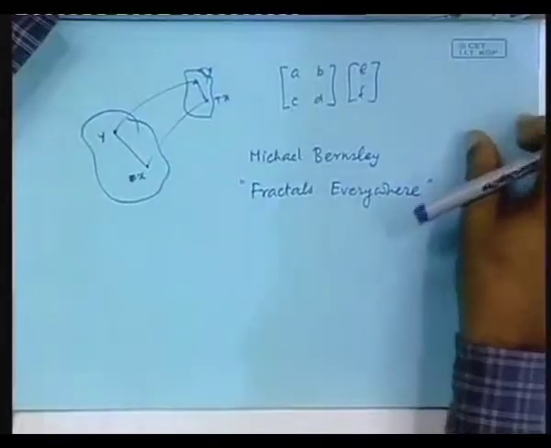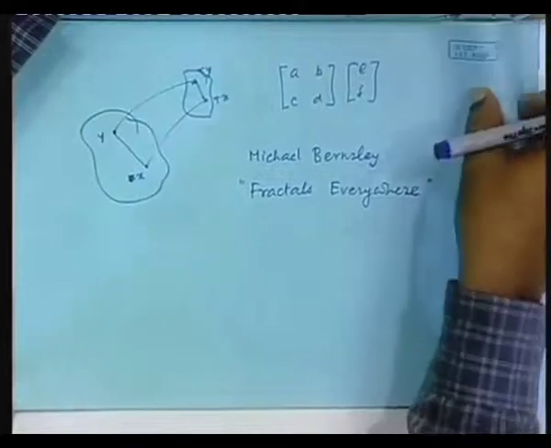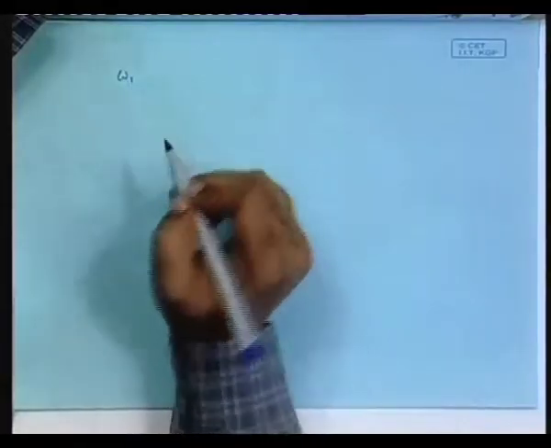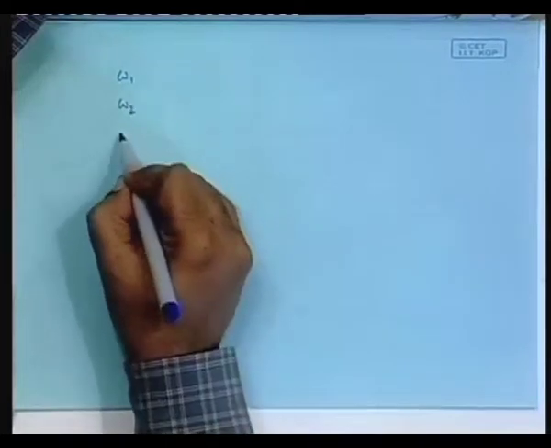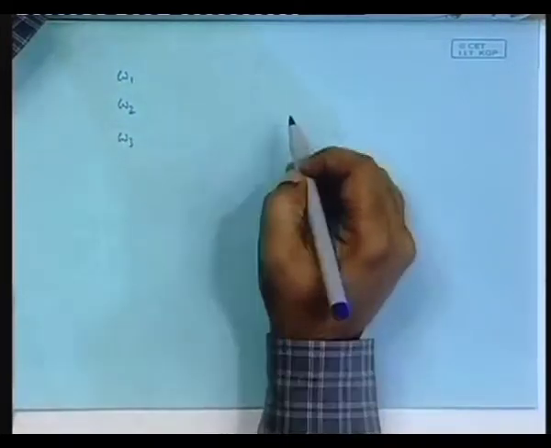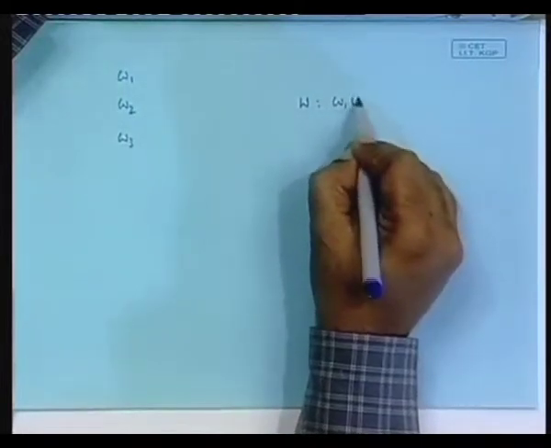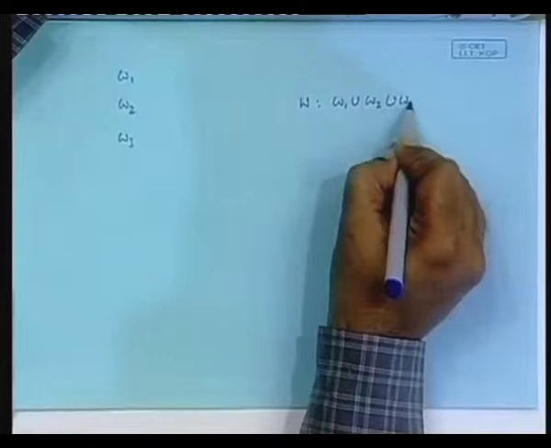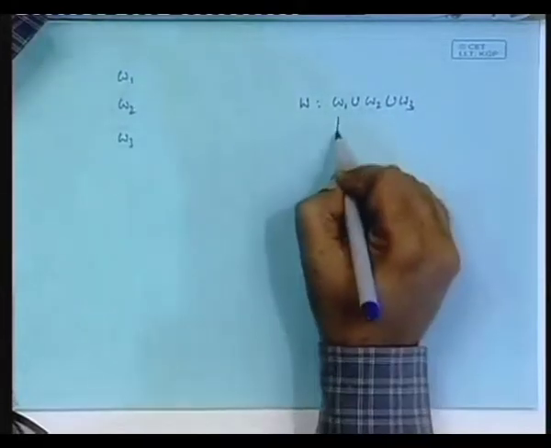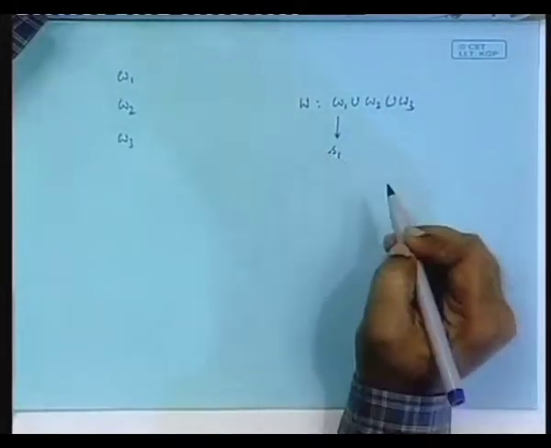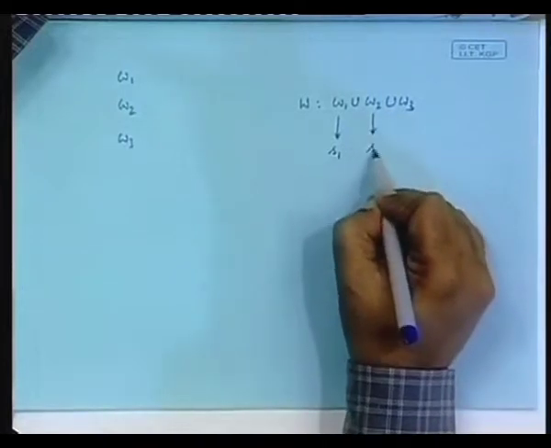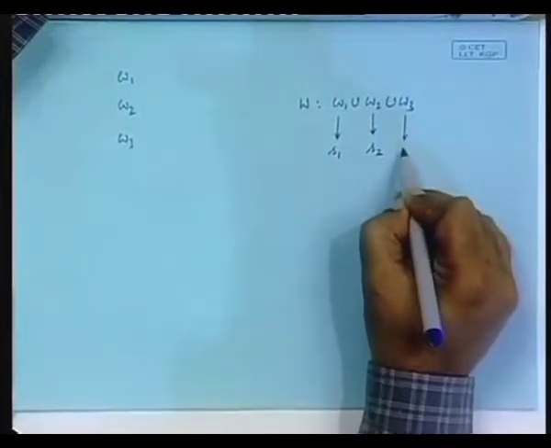Okay. So, let us now suppose I have defined W1, W2, W3, and ultimately I am saying that my W is W1 union W2 union W3, and W1 has a contractivity factor S1, W2 has a contractivity factor S2, and W3 has a contractivity factor S3.